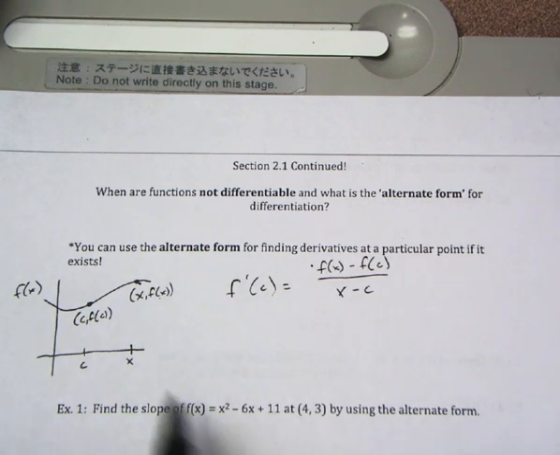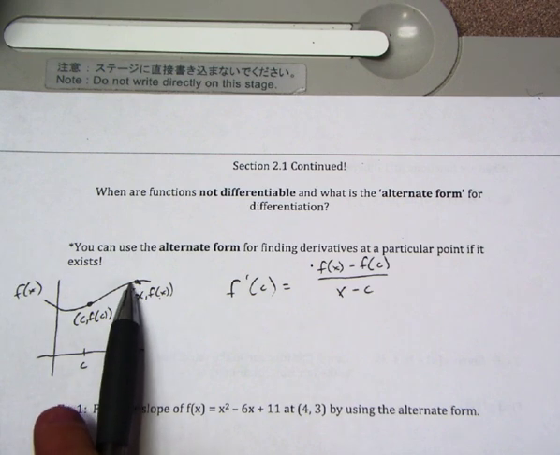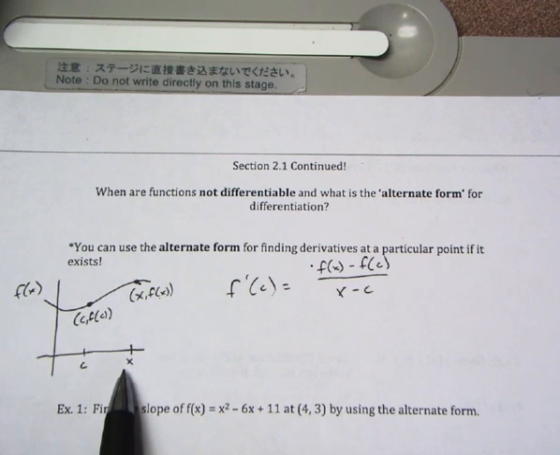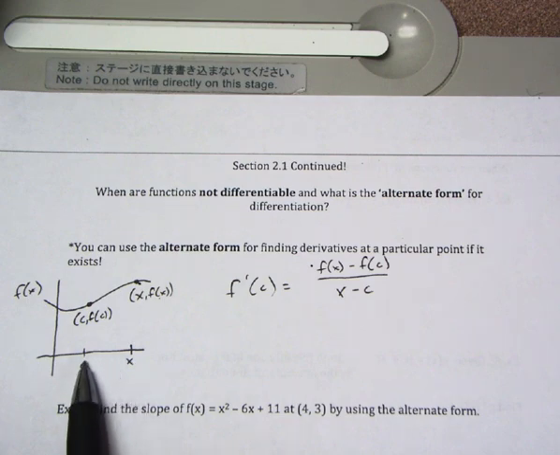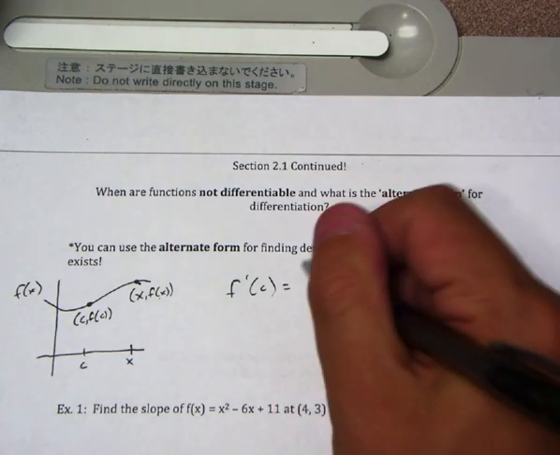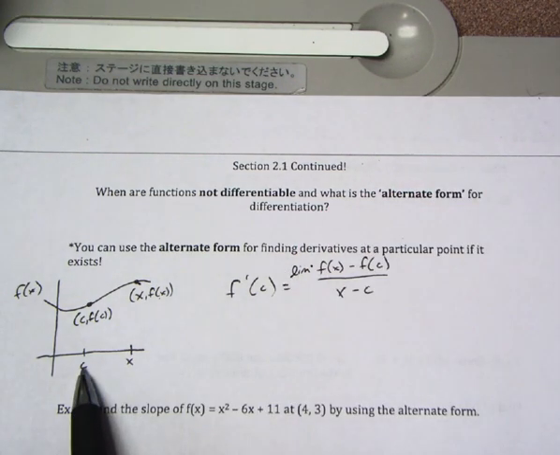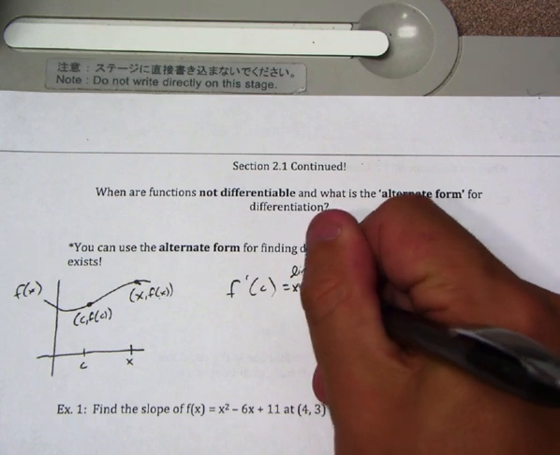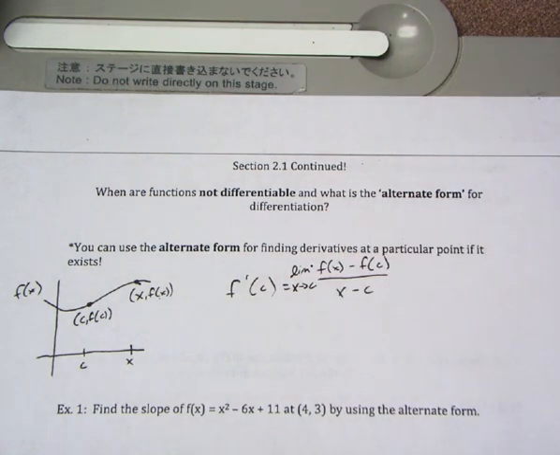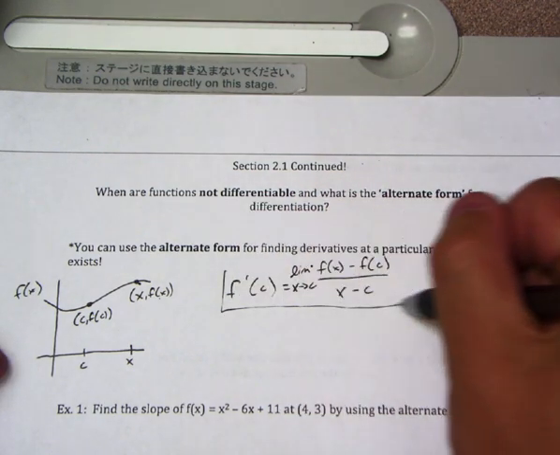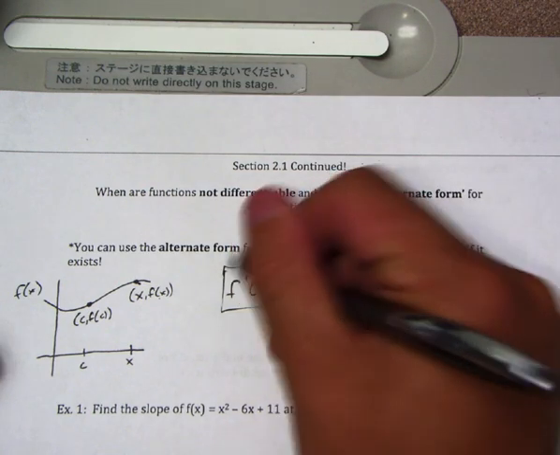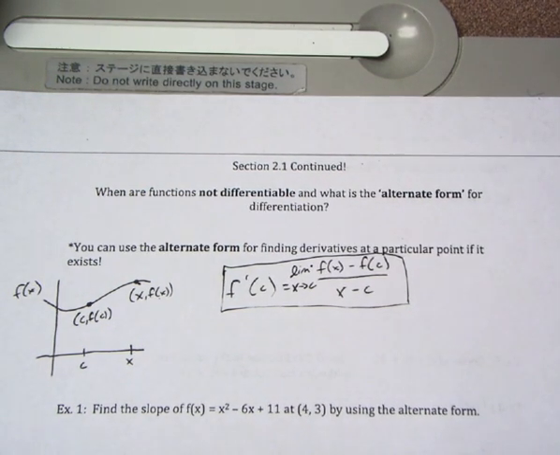Well, this time, there is no delta x, but what's going to happen is, as this point moves close to the first point, this x value is going to move closer and closer and closer to c. So this time, we want to take the limit as x approaches this c value right here.